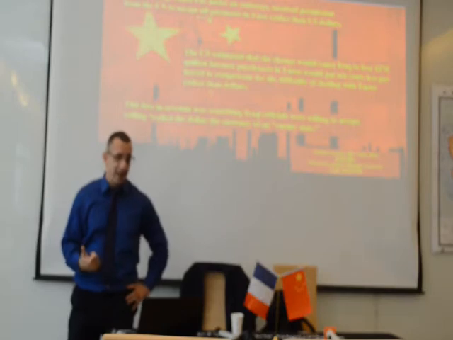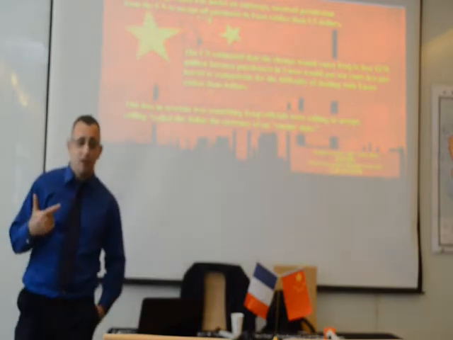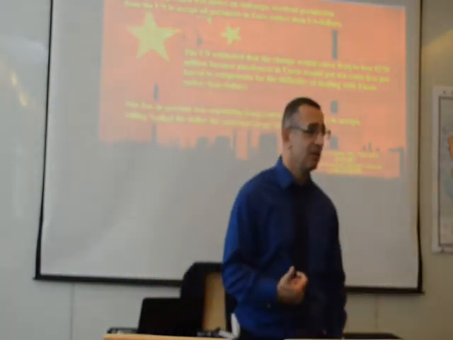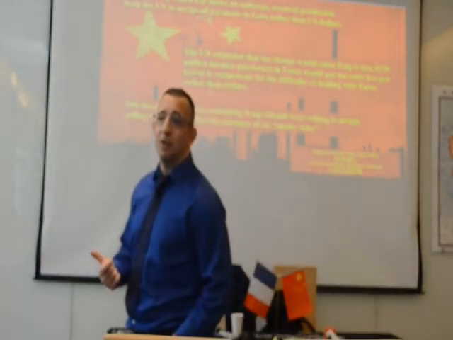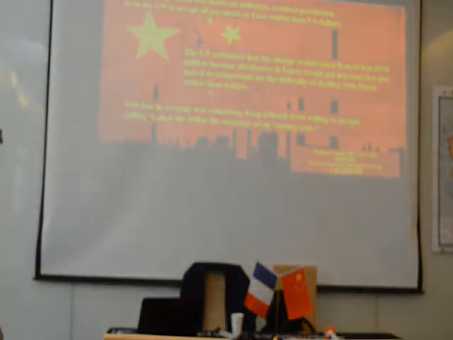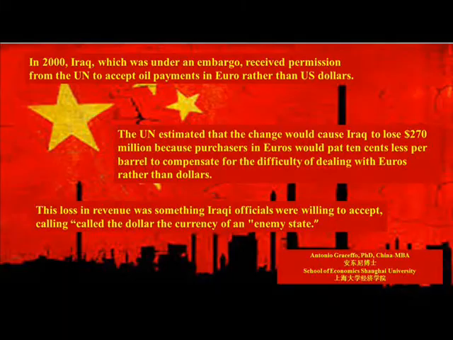The UN estimated that changing from dollars to euros cost Iraq $270 million. And yet they agreed to do it because they just did not want to use U.S. dollars. And Iraq at that time said the dollar is the currency of an enemy state.